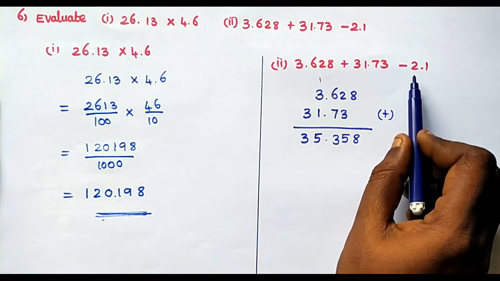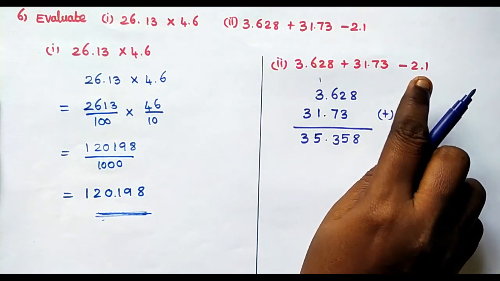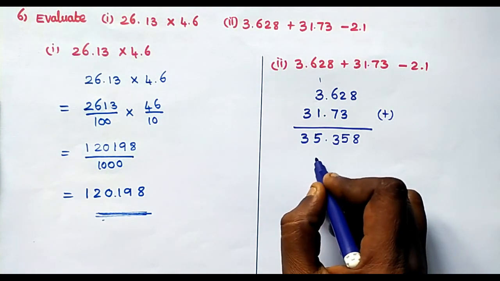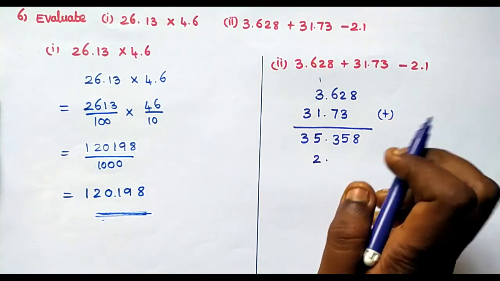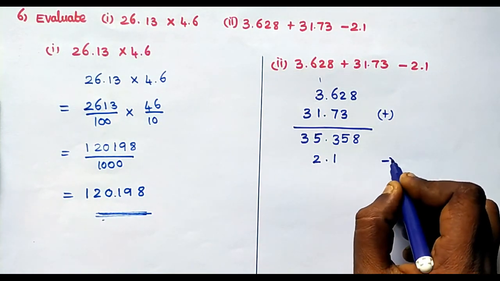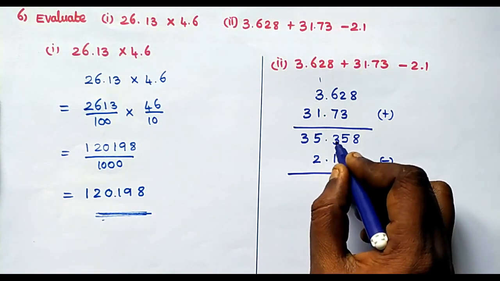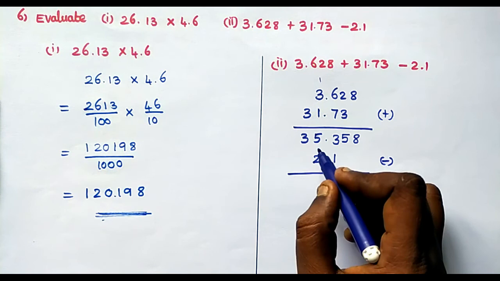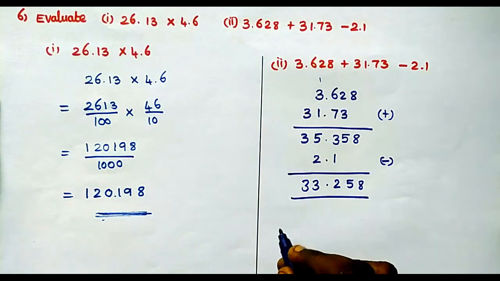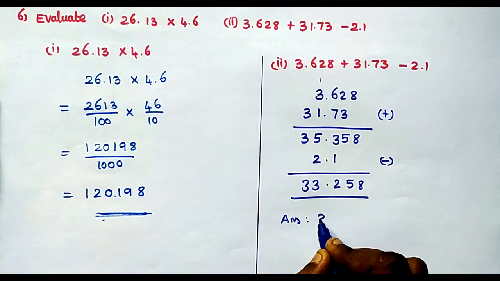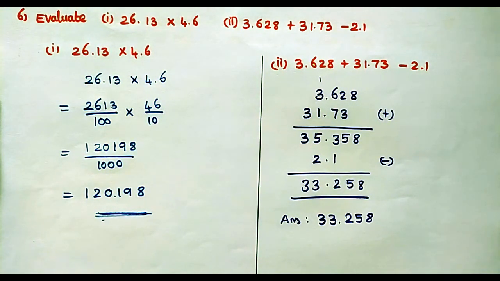From that we have to subtract 2.1, so write 2 as the whole number in the ones digit, and here write 0.1. Now subtract: 8, 5, 3 minus 1, 2, 0.5 minus 2 is 3, here also 3. So the answer is 33.258. That is the answer.